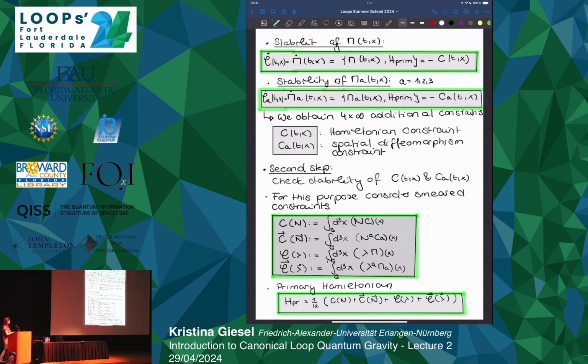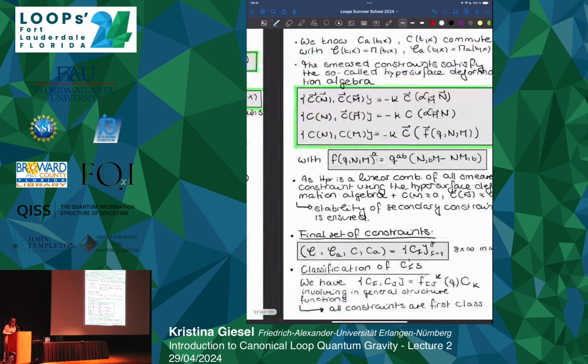And also for the primary constraints, we introduce a C lambda in this form and a C vector lambda for the primary associated to the shift vector. In this way, we absorb the integrals in the primary Hamiltonian and can write it as a sum of these 4 or 8 individual constraints.